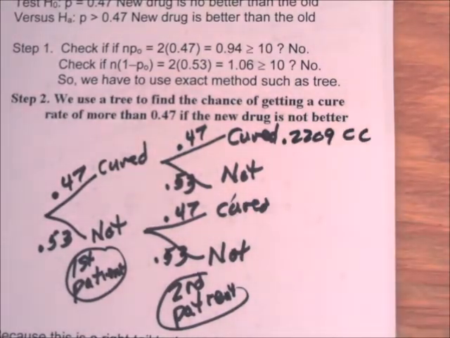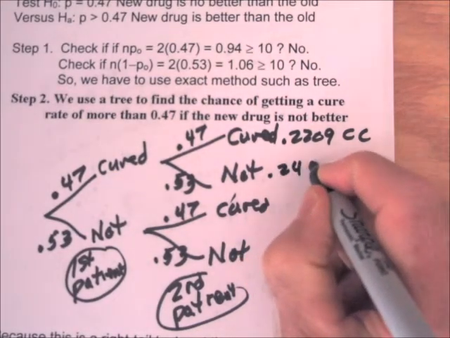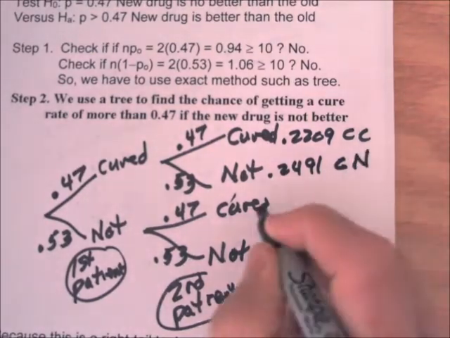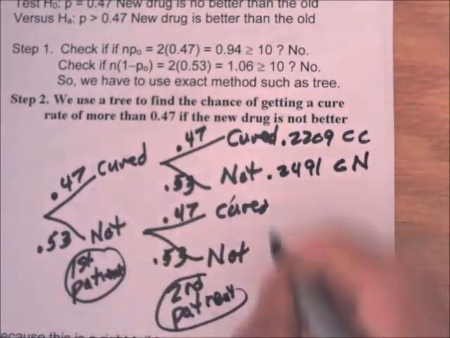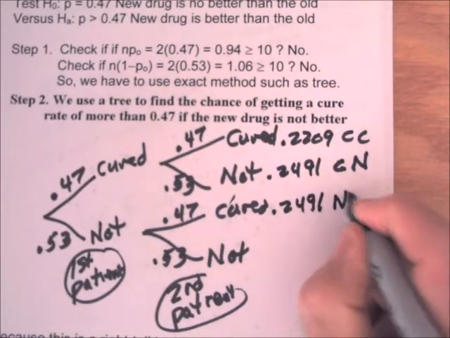Then we have 0.47 times 0.53. That's 0.2491. That's first one cured, second one not. And then we have 0.53 times 0.47. That will be the same, 0.2491. That's not cured, then cured.